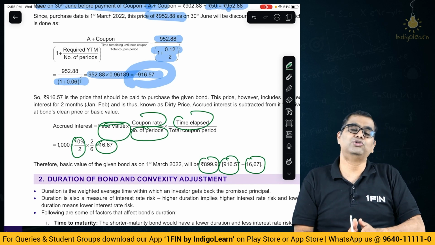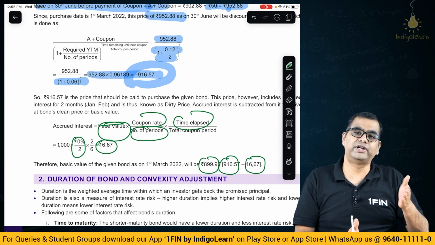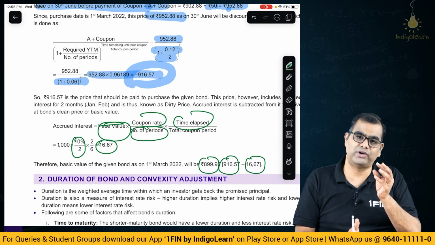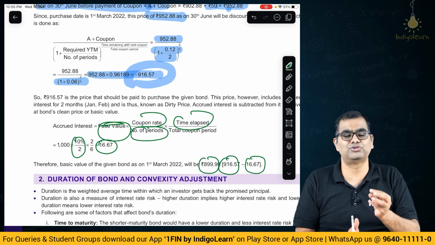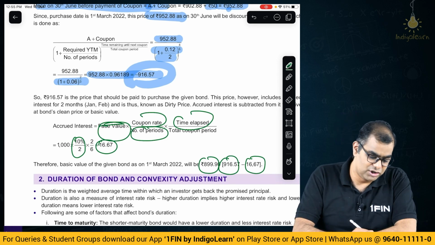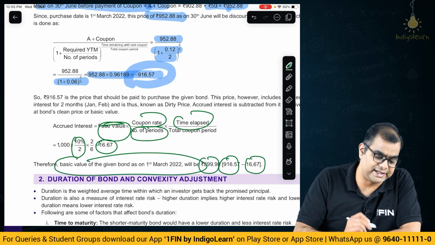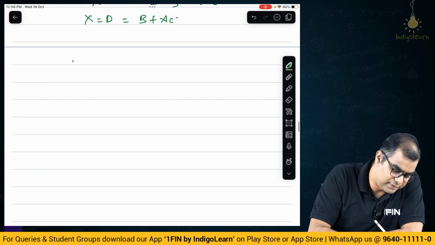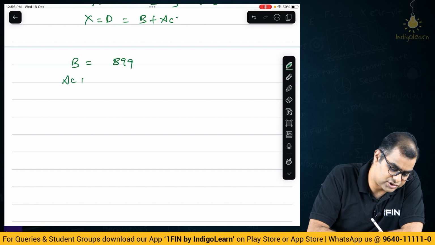However, you subtract the accrued interest, which is from 1st of Jan till 1st of March. That accrued interest you subtract from this price of the bond. So, basic value of the bond is 899. I am not adding exact numbers, I am taking round numbers. Okay. Basic is 899, accrued interest is 16.